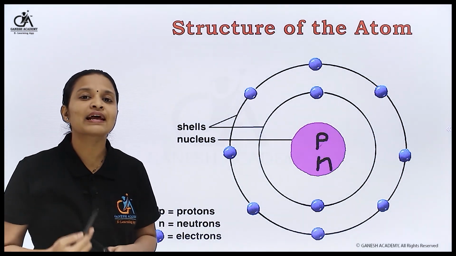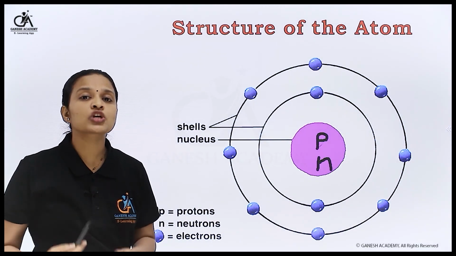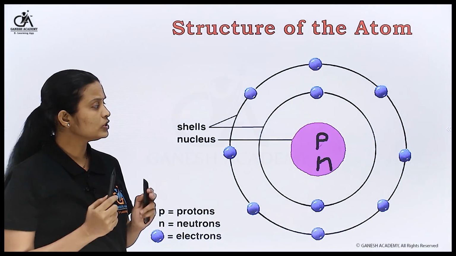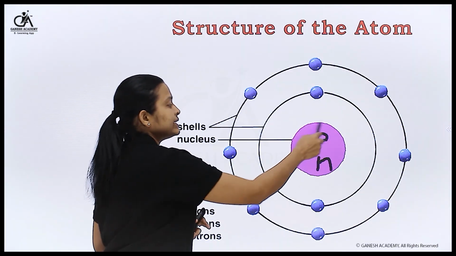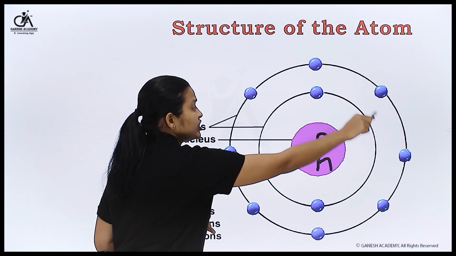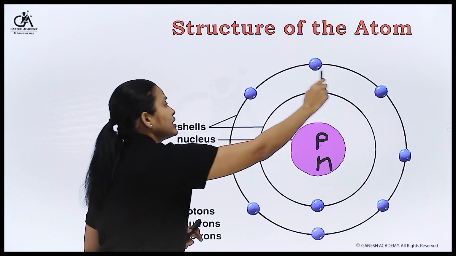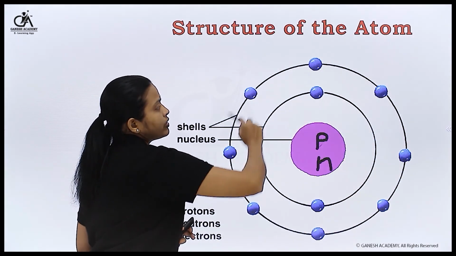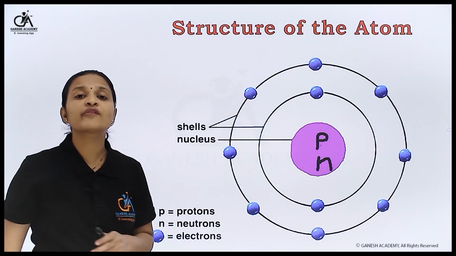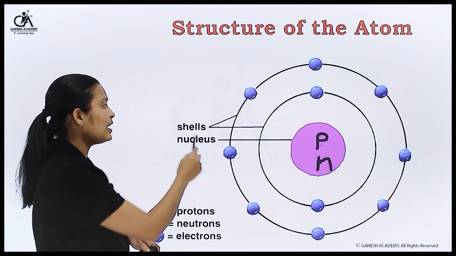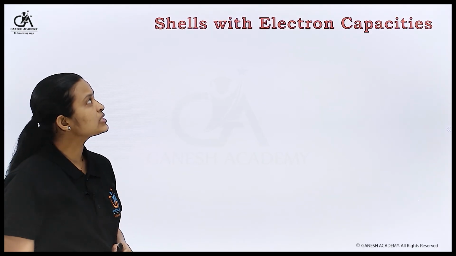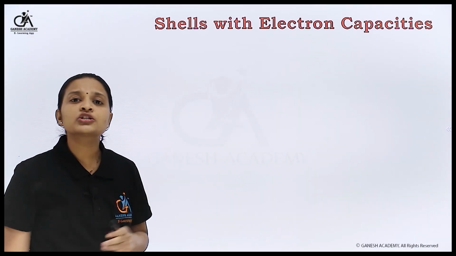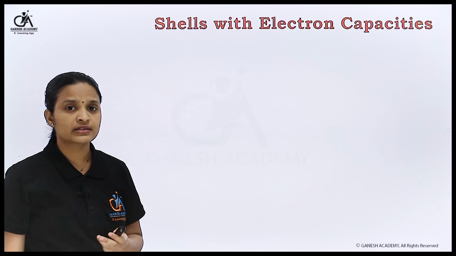These electrons are negatively charged particles. So positively charged protons and neutral neutrons are present inside the nucleus, and negatively charged electrons rotate around the nucleus in fixed circular paths, which we call shells, or also orbits.